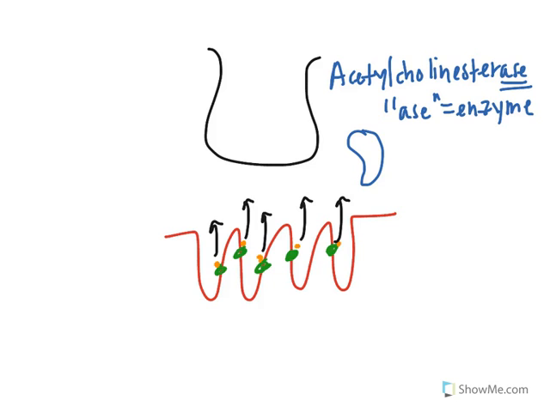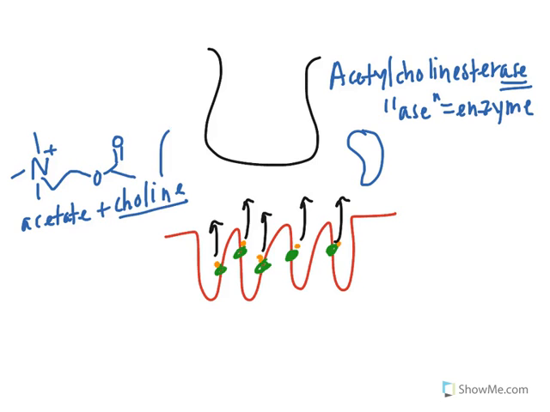Now, acetylcholine is cleaved, so this is the structure of acetylcholine. It's an ester, and when cleaved, becomes acetate and choline.